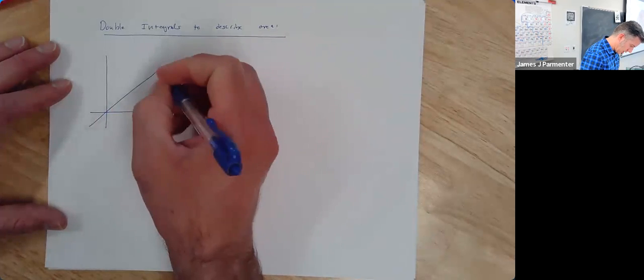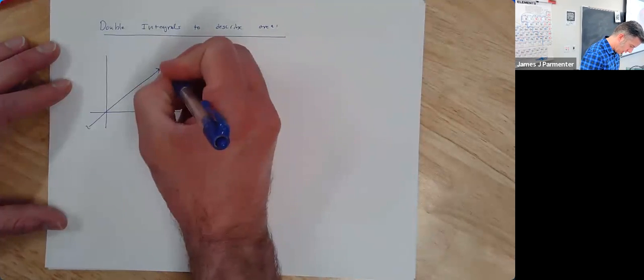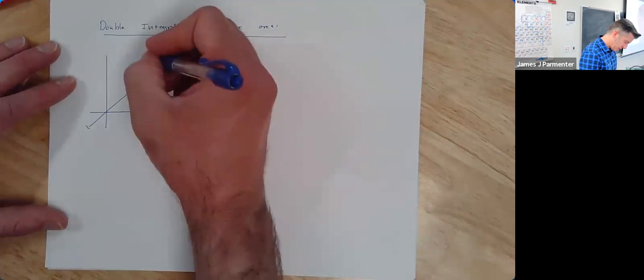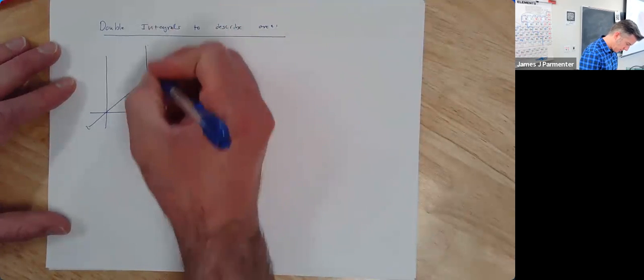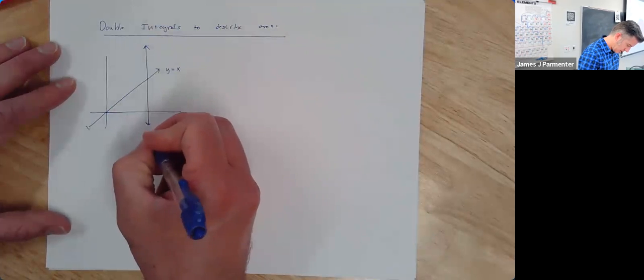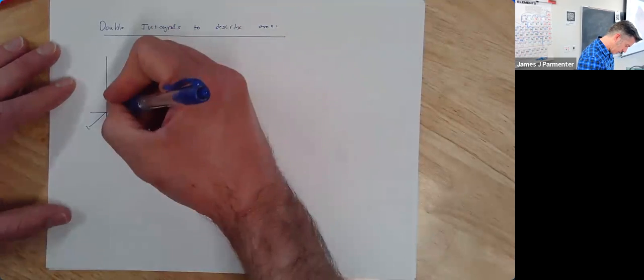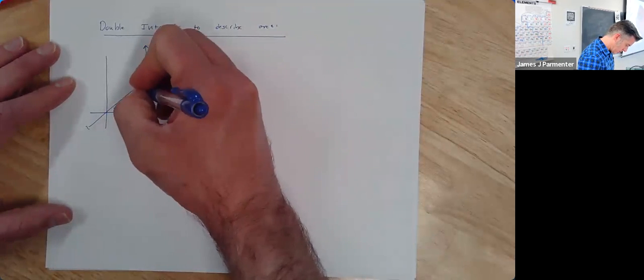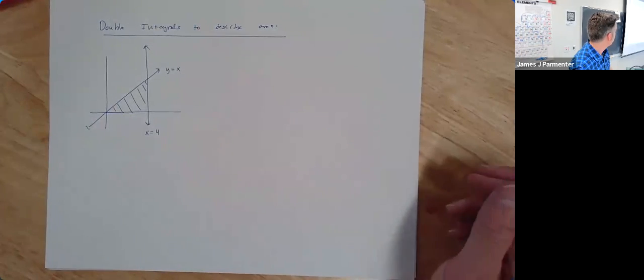This line here is y equal to x. This line here is x equal to 4. And I want to describe this region here using a double integral.